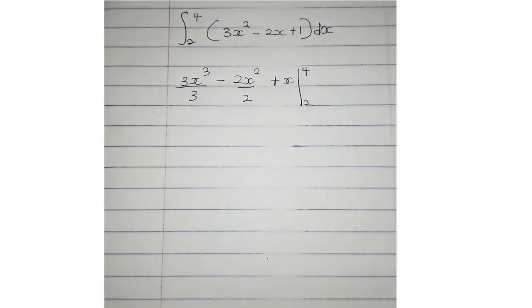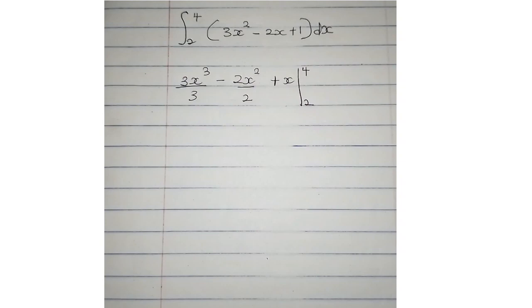The formula is upper limit subtracting the lower limit. So whenever we see x, we put the upper limit, which is 4, and whenever we see x, we put the lower limit, which is 2. Then we subtract.